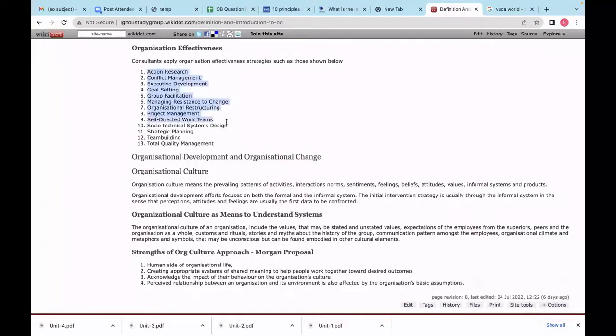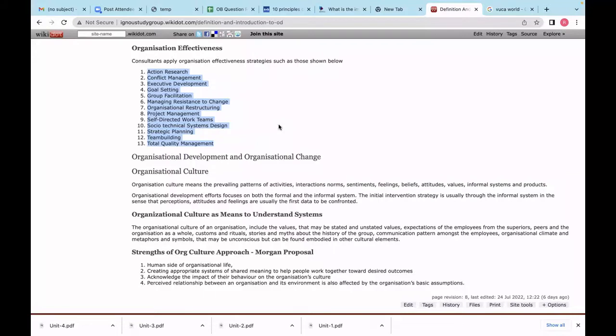They have to put in techniques related to conflict management. They do coaching for their executives, which is executive development. They sit and define the goals. They do group facilitation, which is bringing groups together and making them talk. Managing resistance to change: if there is any change which is being resisted, they will give strategies on how to manage it.